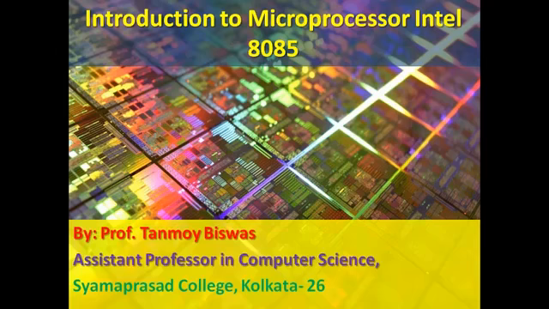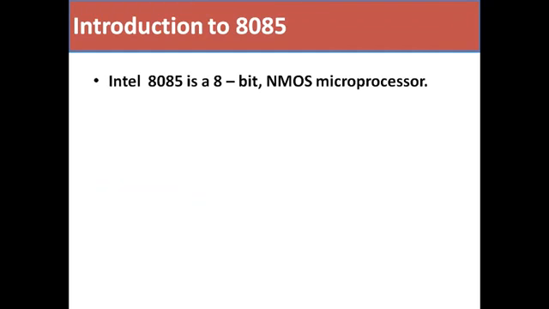Okay friends, today we will discuss the introduction to microprocessor Intel 8085. Let us first try and understand what are the basics in it. Well, Intel 8085 is an 8-bit microprocessor which was first built on NMOS platform.